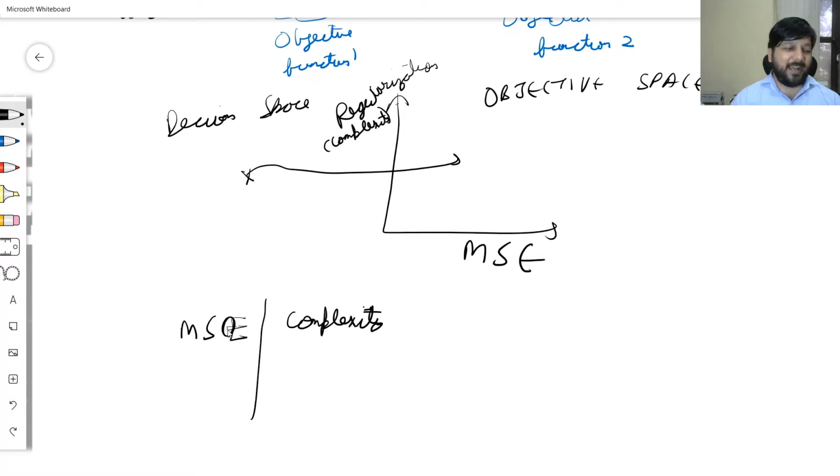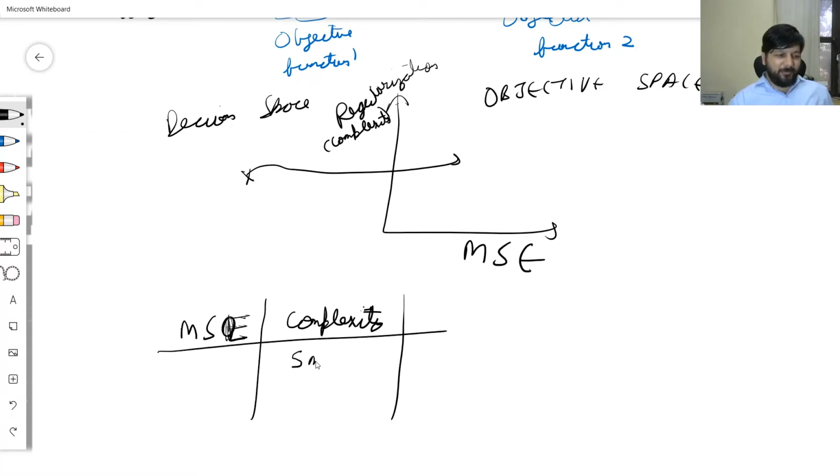Otherwise, if there is no such trade-off, then optimizing one will automatically optimize the other. So I take a neural network which has an extremely small complexity, one hidden neuron, small complexity.